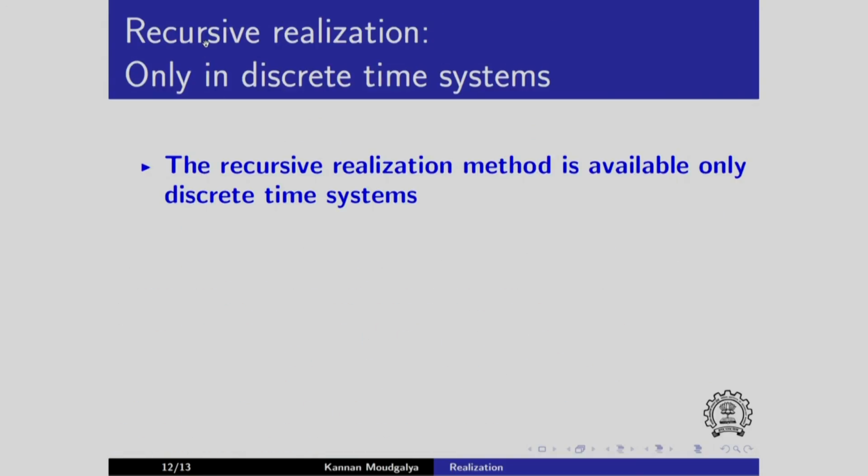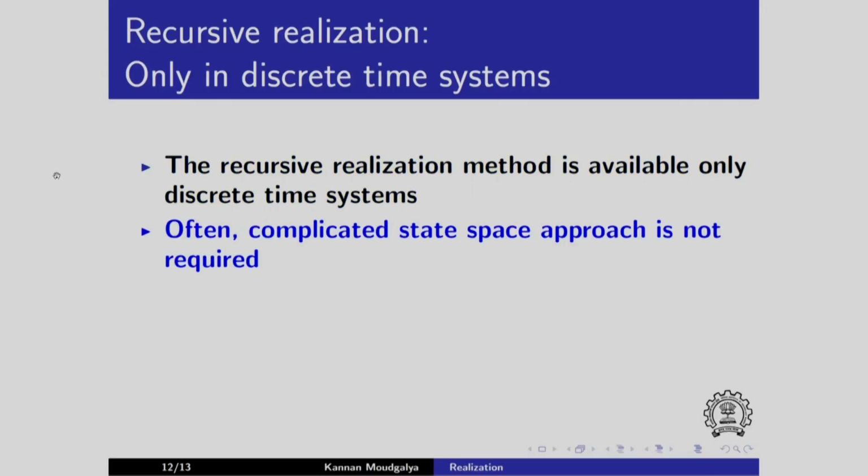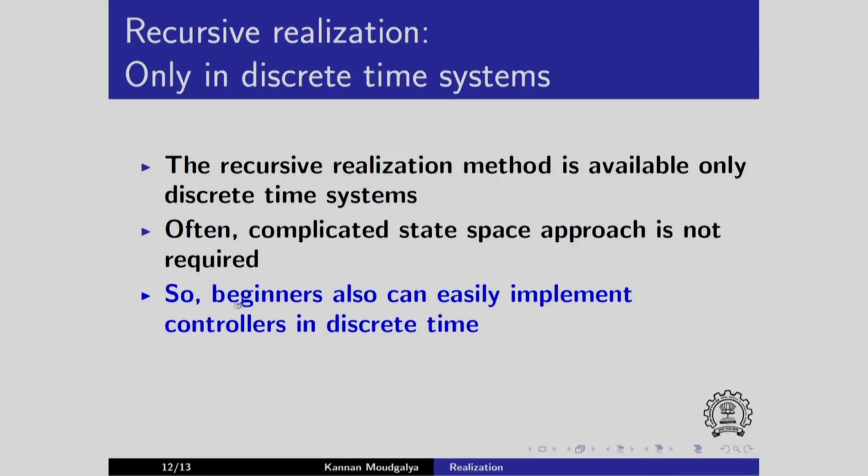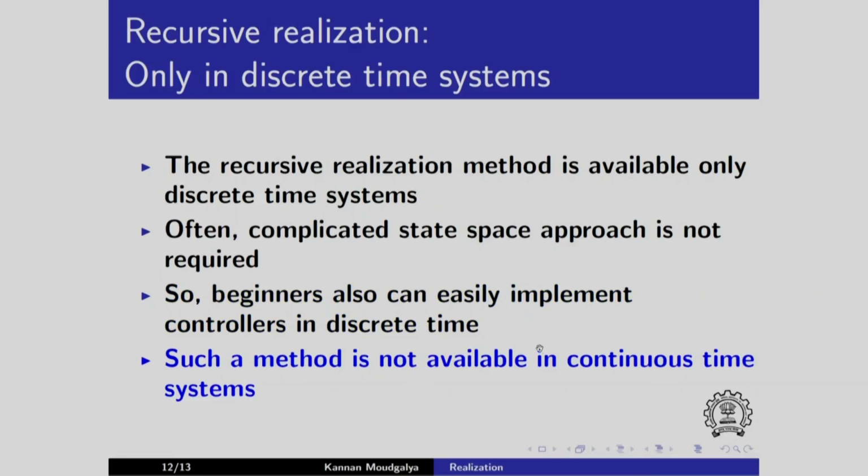This recursive realization is available only in discrete time systems. Often complicated state space approach is not required in discrete time systems as a result. So beginners also can easily implement controllers in discrete time. Such a method is not available in continuous time systems.